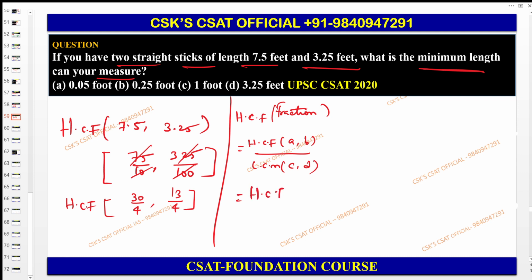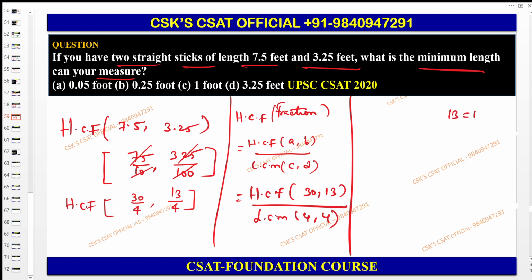So this is the concept you people learned. So therefore you need to find out the HCF of 30, 13. You need to find out the LCM of 4, 4. You know, this 30 and 13 are co-prime numbers, or else you can check like this also. 1 into 13. 30 can be written as 5 into 2 into 3.